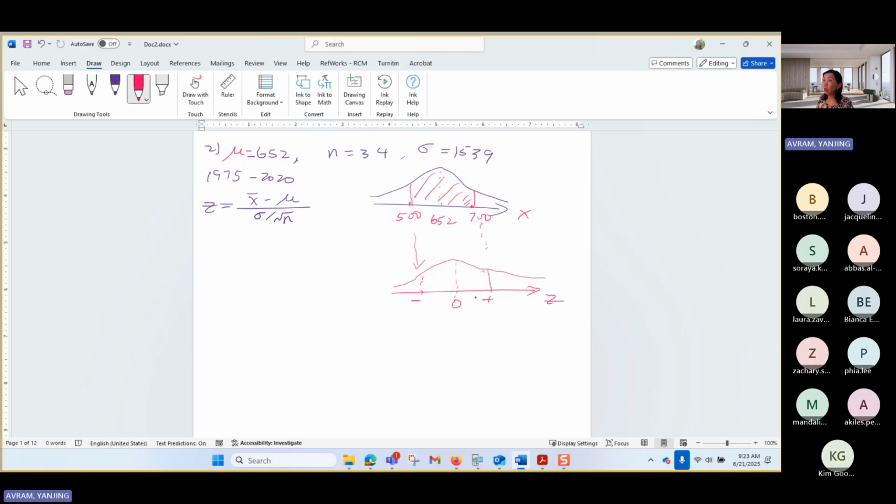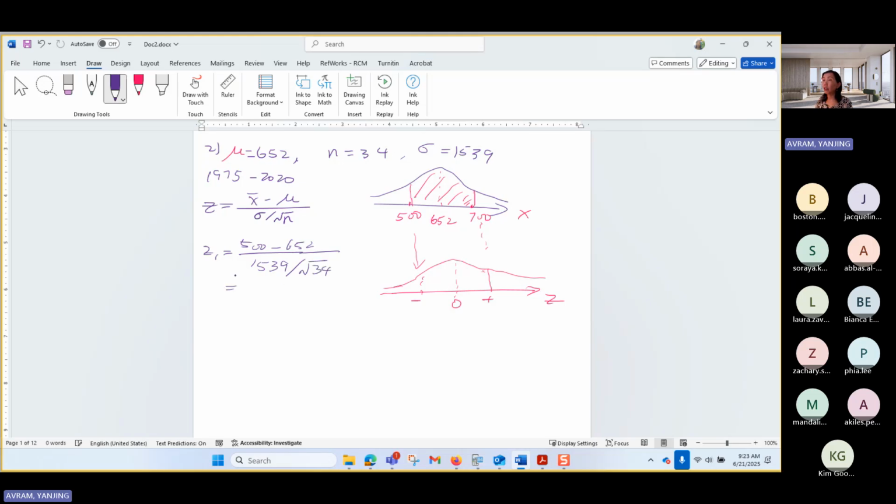So we need to find two G-scores, okay? And the reason we're using two G-scores: the first one, G1, uses 500 minus the mu, 652, over sigma, which is 1539, divided by square root of n, which is 34.